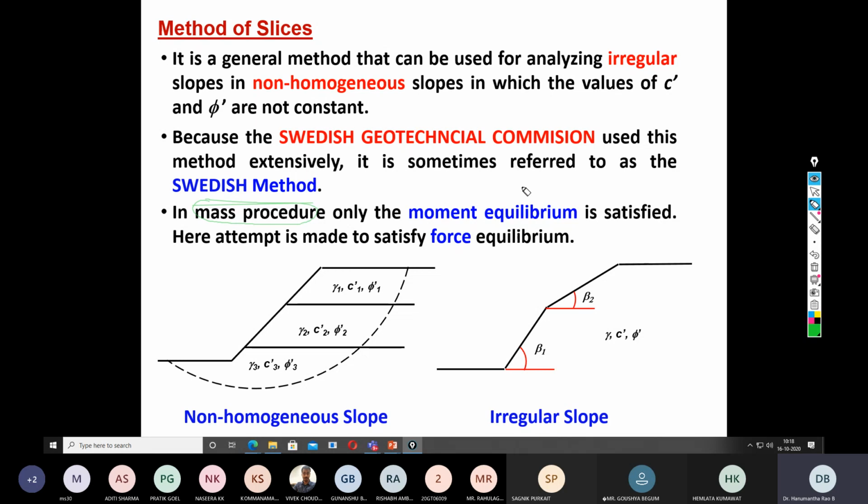We might also need to consider moment plus force equilibrium together. Depending upon the consideration given to moment and force, different people have evaluated different equations. I will summarize all these things at the end of slope stability: who has considered moment equilibrium alone, force equilibrium alone, and moment plus force equilibrium together. There are several people.